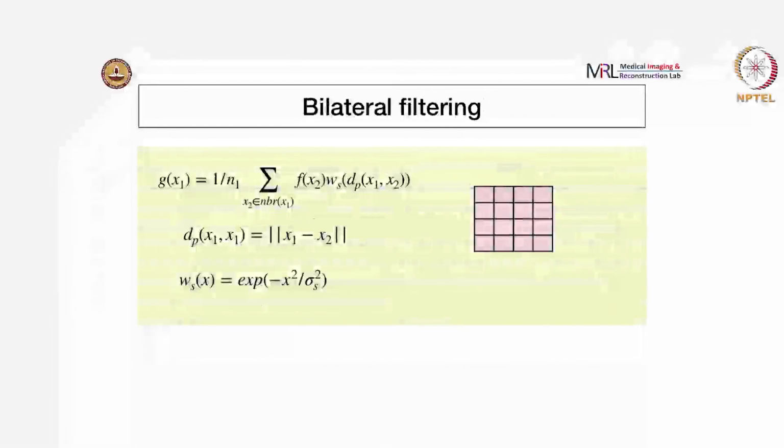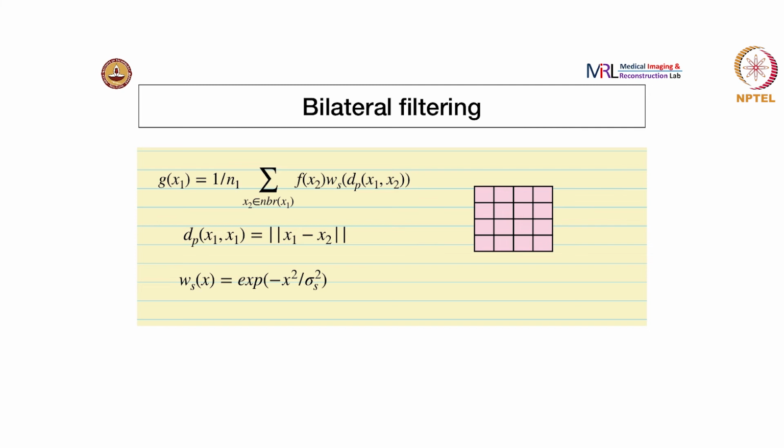Just quickly look at the formulation. The first level of formulation is what you have seen, a Gaussian weighting. Let's say it's a 3x3 neighborhood, and we want to replace this pixel with a weighted average of the neighbors.